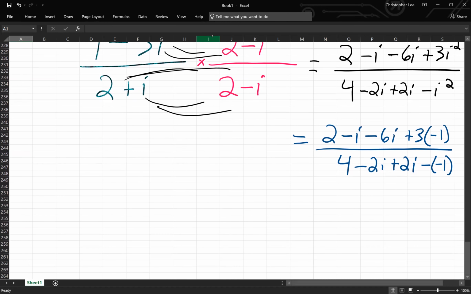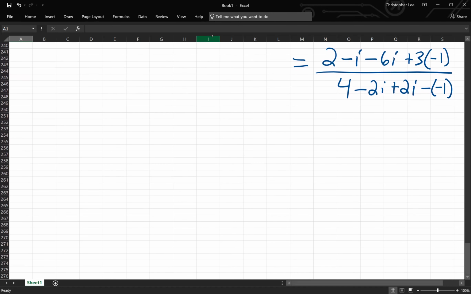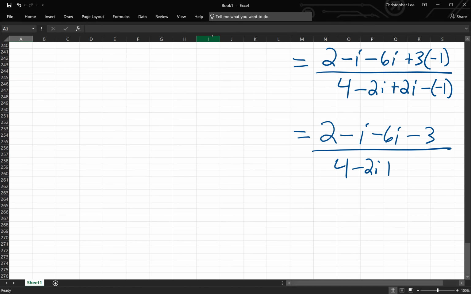After you have all of that, let's do our multiplication. So this becomes 2 minus i minus 6i minus 3 over 4 minus 2i plus 2i plus 1. Negative is positive. Let's combine like terms and then we're done with this question.